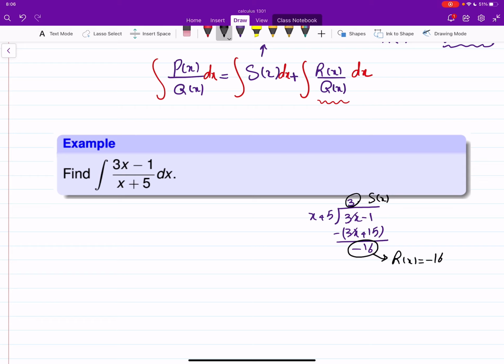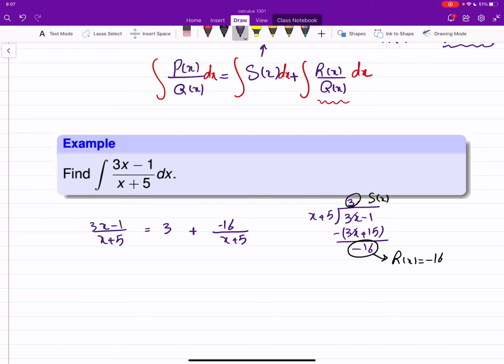So with the long division, what we have shown is that (3x minus 1) over (x plus 5) is equal to, remember always, S(x), here 3, plus R(x), which is negative 16, over Q(x), which is x plus 5.